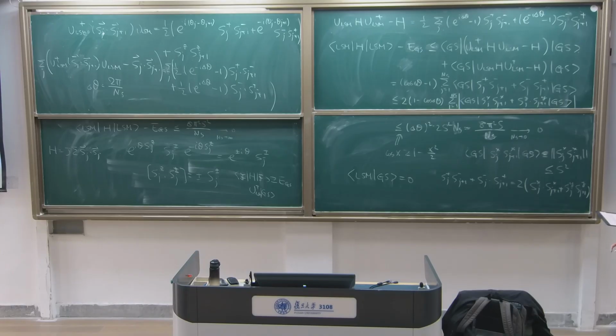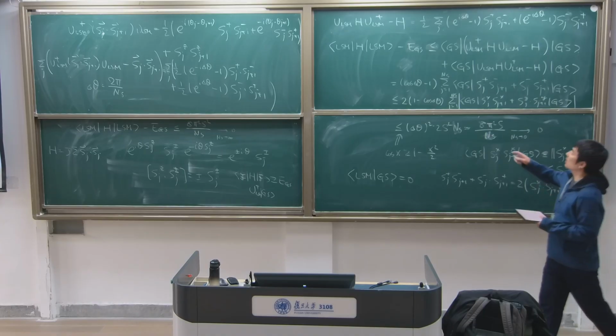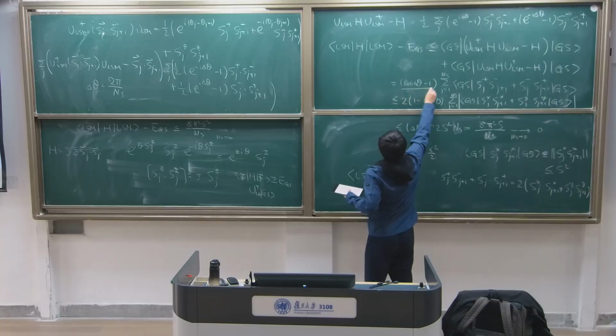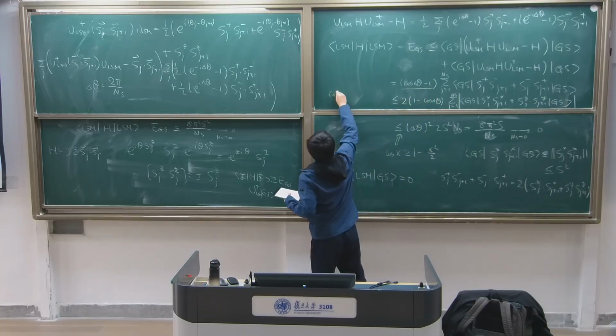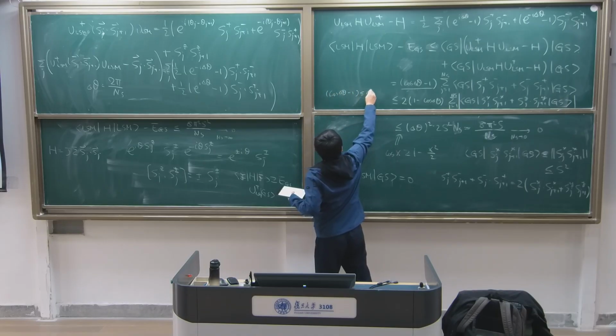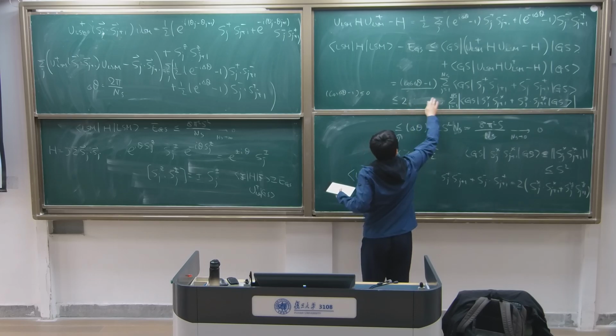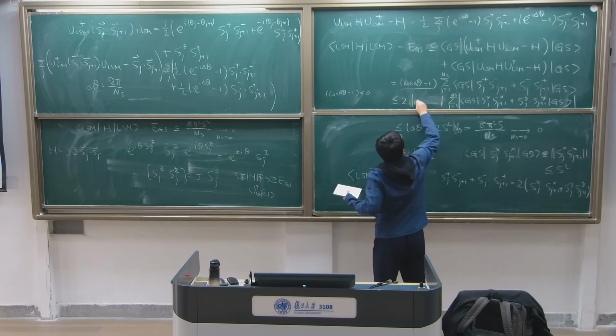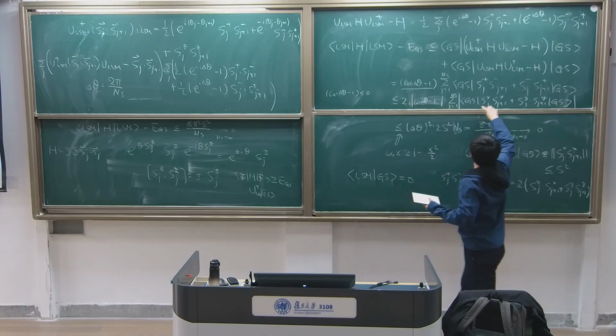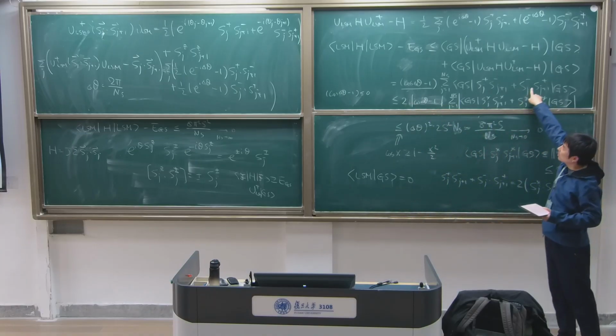And now this is actually negative. So this one is the negative quantity, so cos delta theta minus 1 is a negative quantity. Therefore I just take the absolute value, which is equal to the absolute value of cos delta theta minus 1. And 2 times this one is just exactly this one.